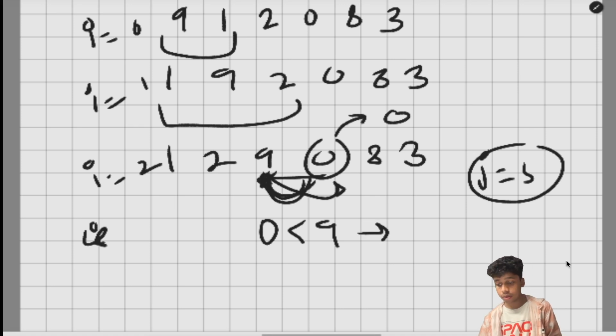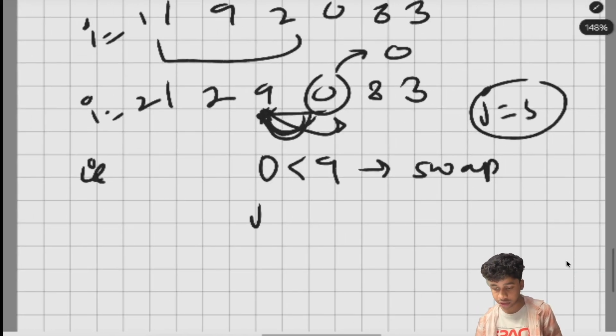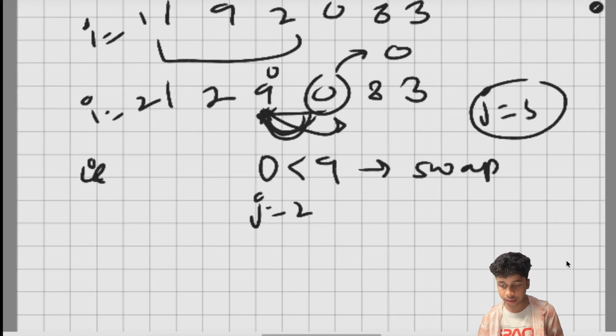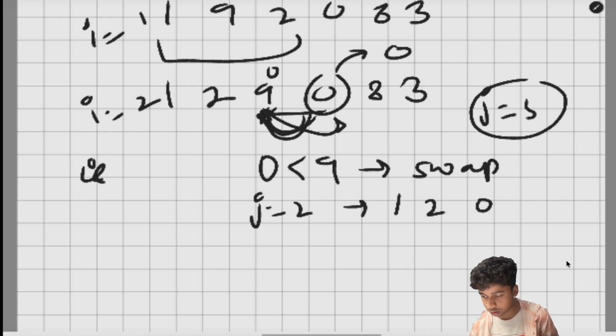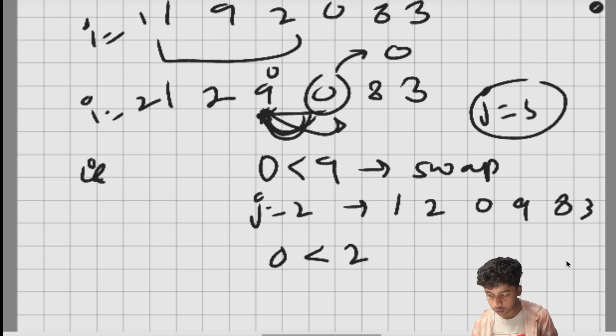No, so swap. Then j minus minus, j becomes 2, 0 comes here, and after j equals to 3, the array would be 1 2 0 9 8 3. Now j will be 2. It will check 0 less than 2.